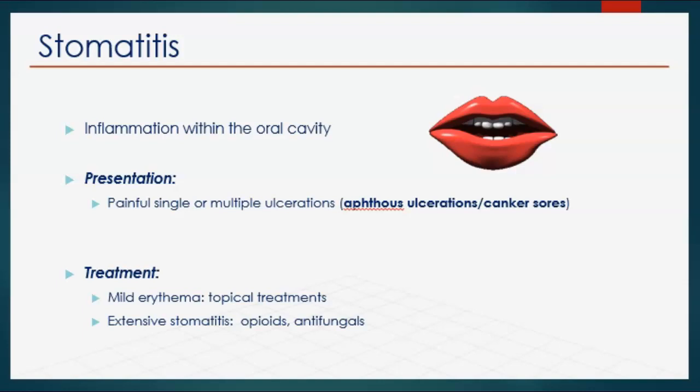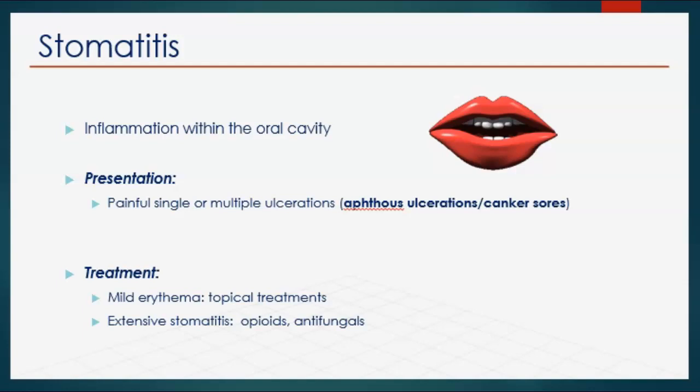So if someone has just mild redness, maybe just barely a little tiny sore, we can use topical treatments. But if somebody has extensive stomatitis, it can be really painful. So we would maybe resort to even giving people opioids and giving them antifungals.